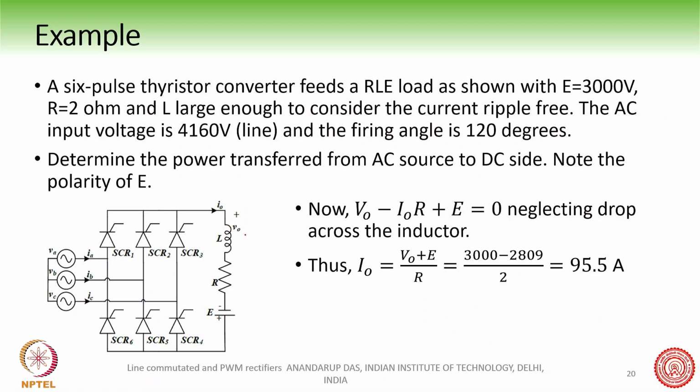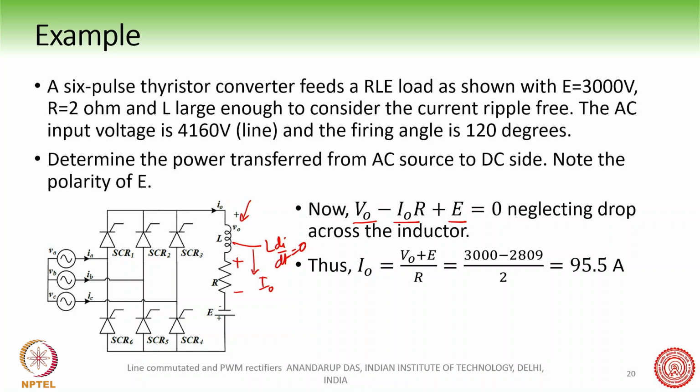Now apply KVL on this. So you have V0 minus I0R plus E equal to 0. Since there is no ripple on the inductor, L di dt is equal to 0. The current has no ripple, so di dt is 0. So this is the way the current is flowing: V0 minus I0R plus E is equal to 0.